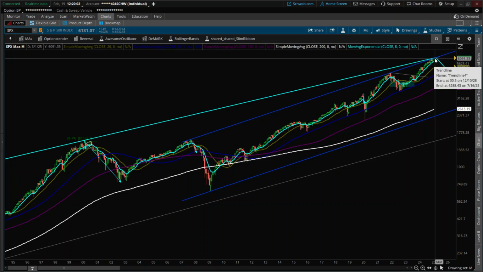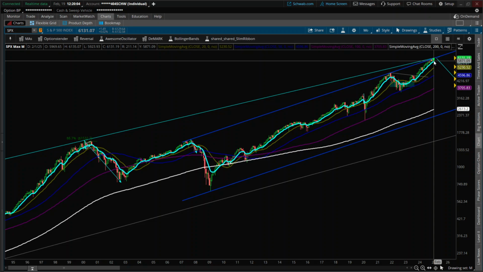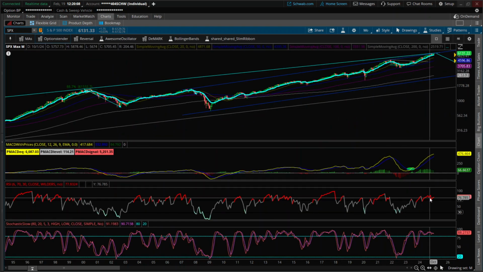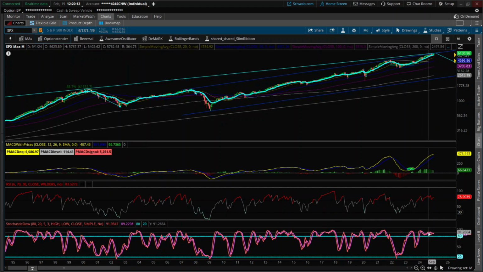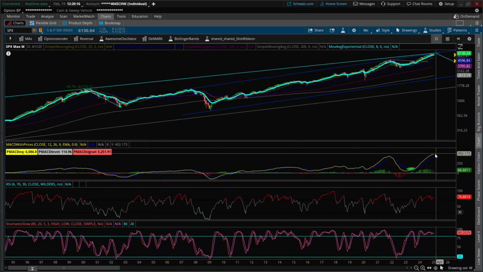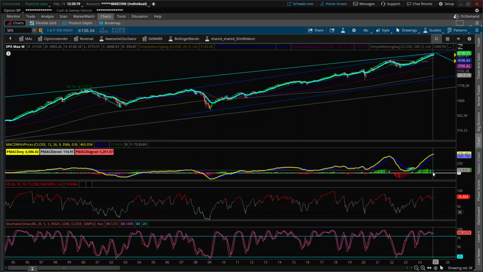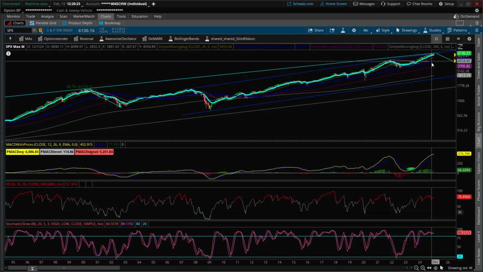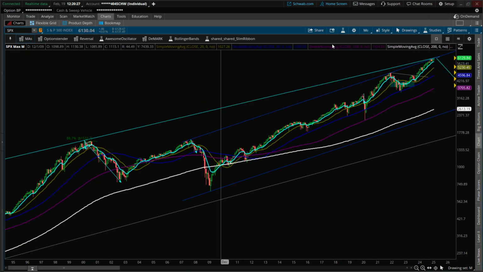We made a brand new high just a minute ago with negative divergence on the RSI here and lower highs on a slow stochastic. So we're waiting for that to turn. We don't have a confirmation for the MACD crossover yet, but that doesn't happen until we get lower highs and start some market structure on the higher time frames. But that's what we'll be looking for.